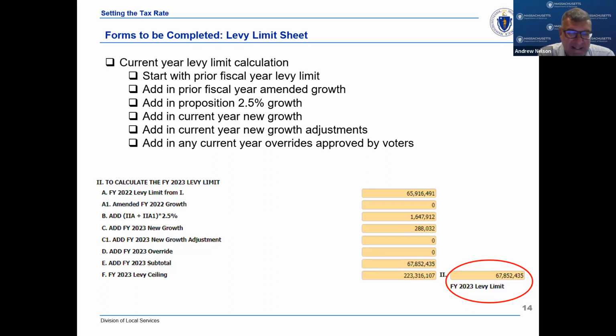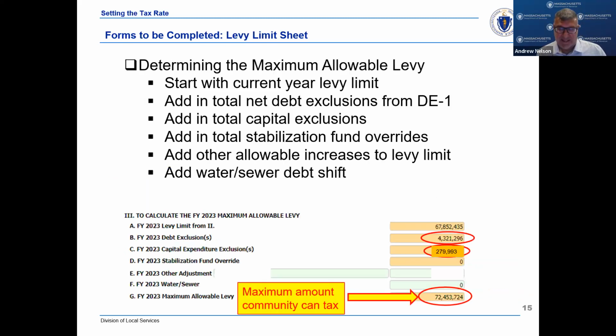An override takes place as a ballot question. It has to be approved in the community, and it is a permanent increase to the levy limit. Once it's on there, it stays on there and carries through every year, including the 2.5% increases you get every year. So we now calculate here our levy limit for the year, which is $67,852,435.